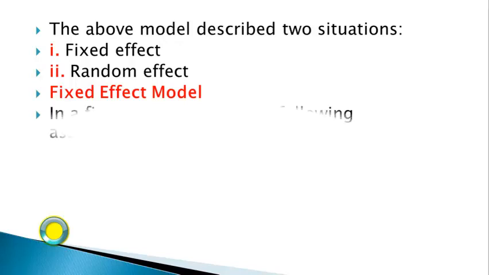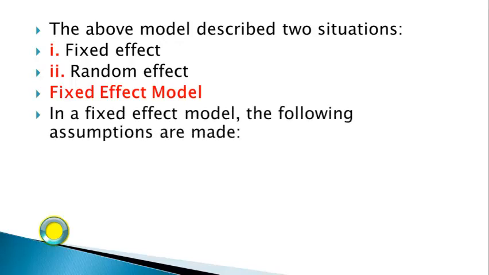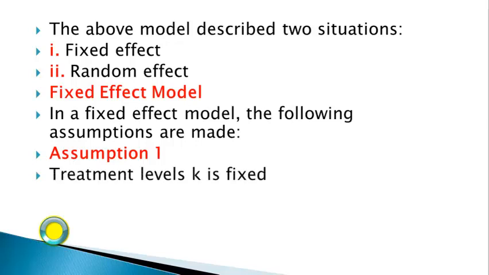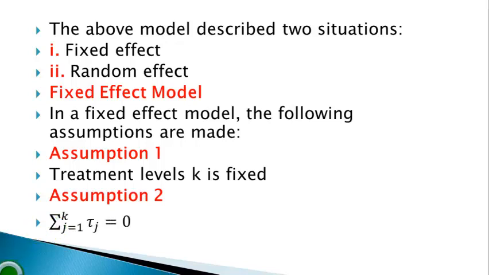Fixed effect model. In a fixed effect model, the following assumptions are made. Assumption 1: the number of treatment levels K is fixed. Assumption 2: the sum of treatment effects is equal to 0.